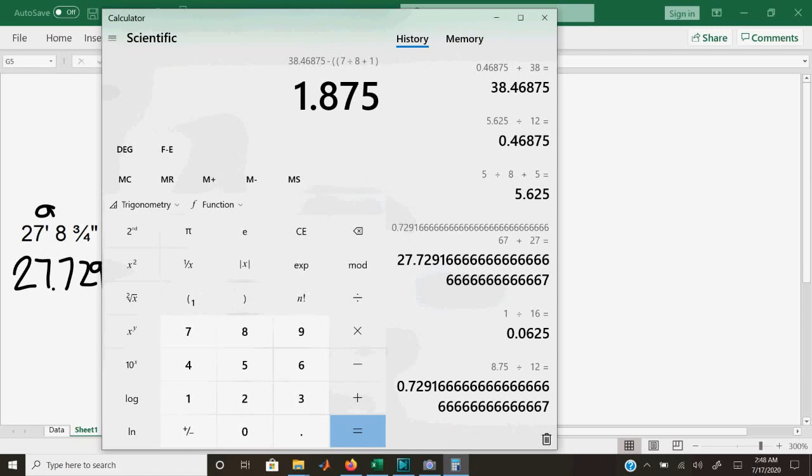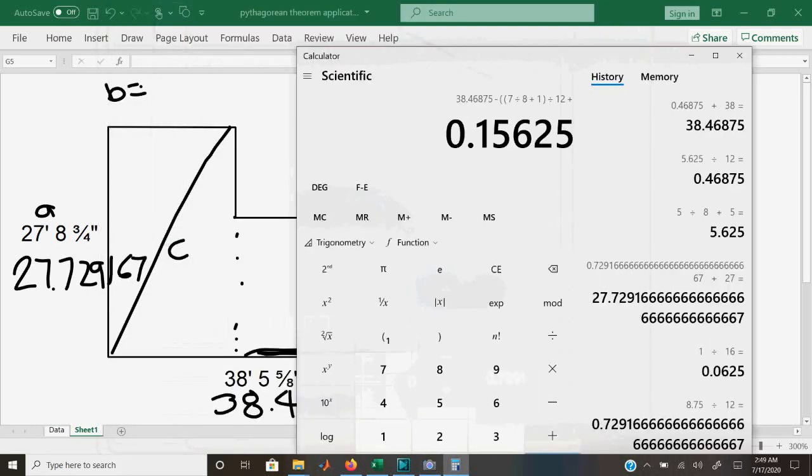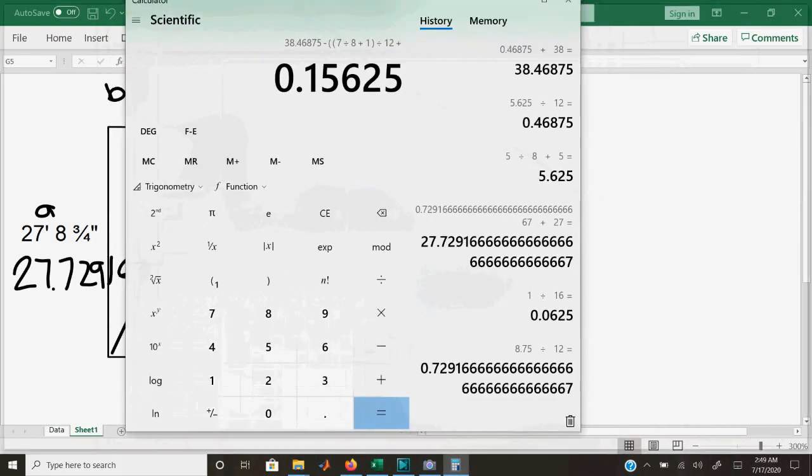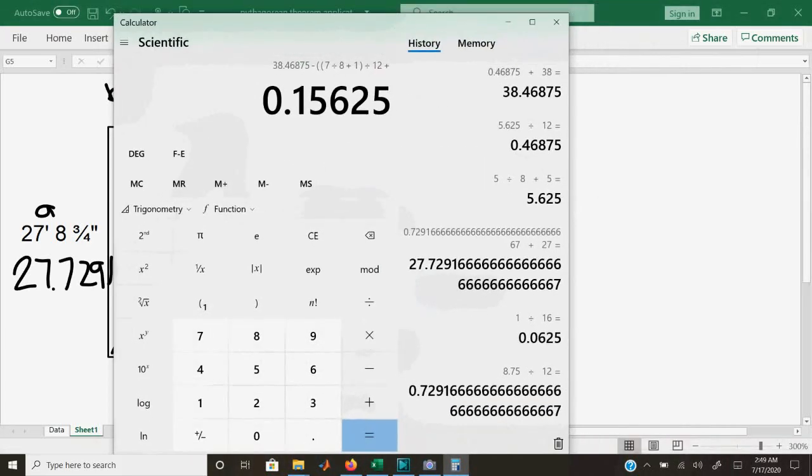So I have 1.875 inches. I divide by 12. That's going to give me the number of feet. And then I am going to add 22. And I close the parentheses again. So I'm doing my 38.46875 minus 22.15625.